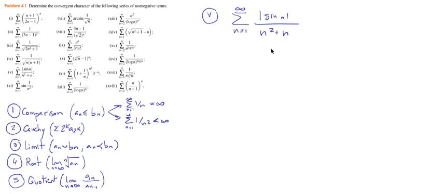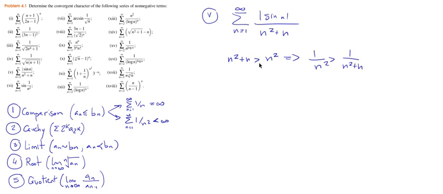Okay, so let's see. First, say that n squared plus n is greater than n squared, right? Which implies that 1 over n squared plus n is smaller than 1 over n squared, right?